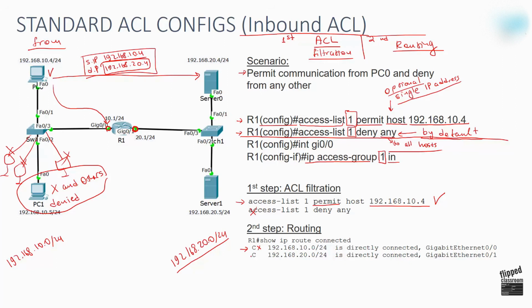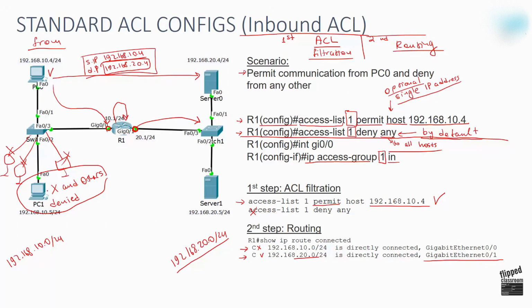No, it's not this network address, and then the second network address, and it finds out that network 20 is connected through the gigabit 01 interface, so that router will make this routing and resend the information through this gigabit 01 interface.